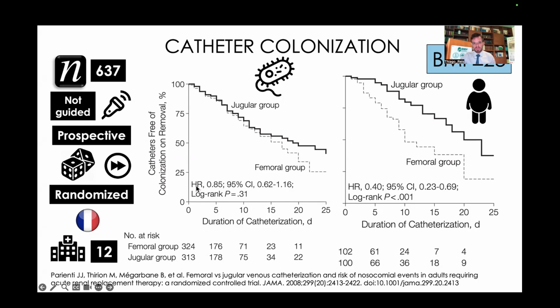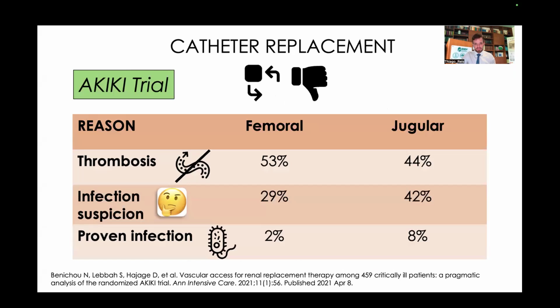One of the outcomes was colonization, and there was no difference in bacterial colonization at the time that the catheter was removed. However, patients with a BMI above 28 had a higher risk of colonization in the femoral site. So this should be taken into consideration for obese patients.